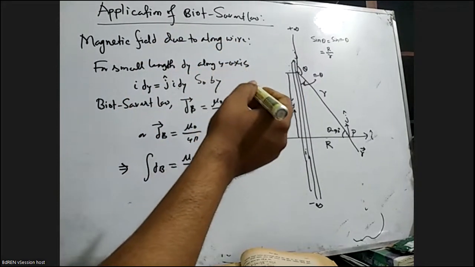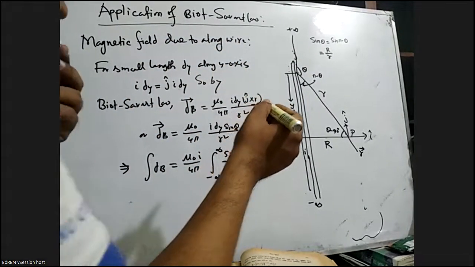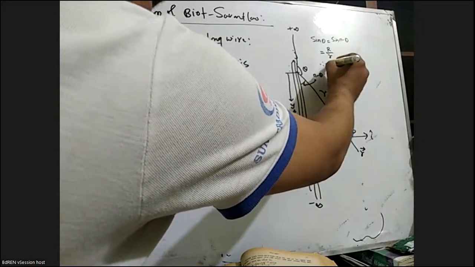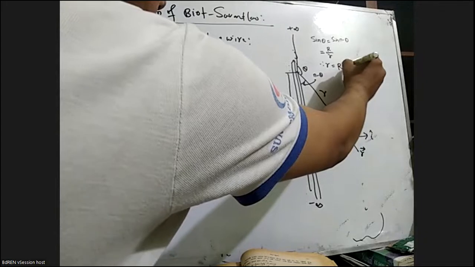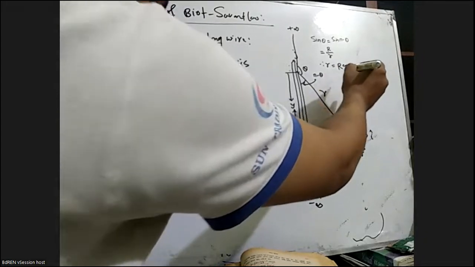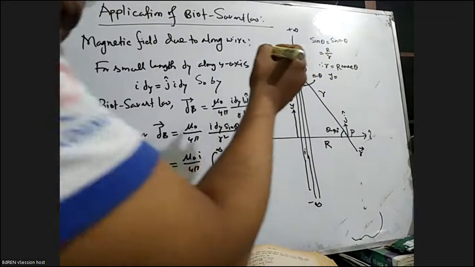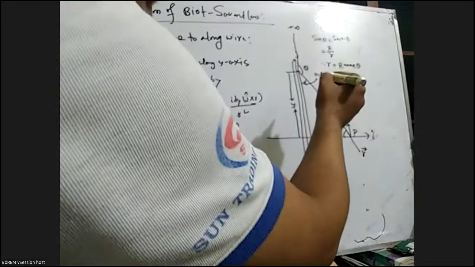Therefore small r equals capital R cosec theta, and y equals minus r cot theta.